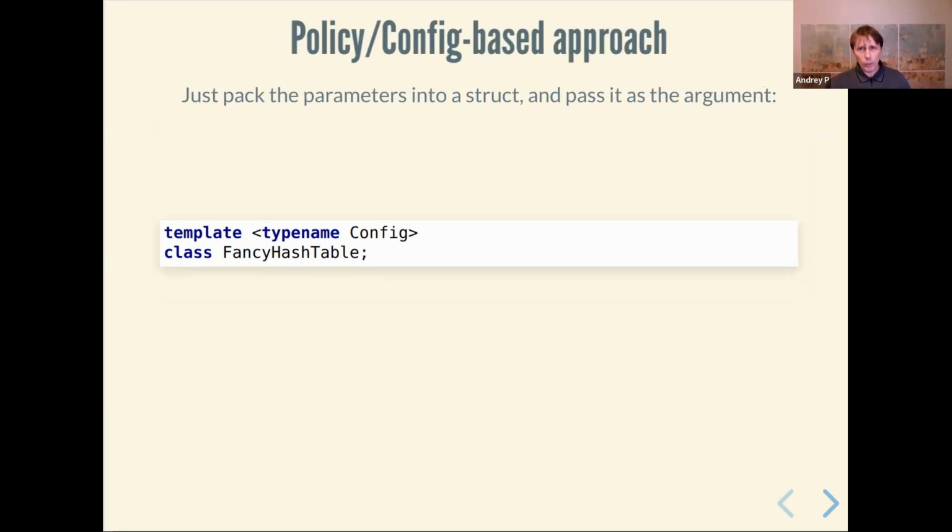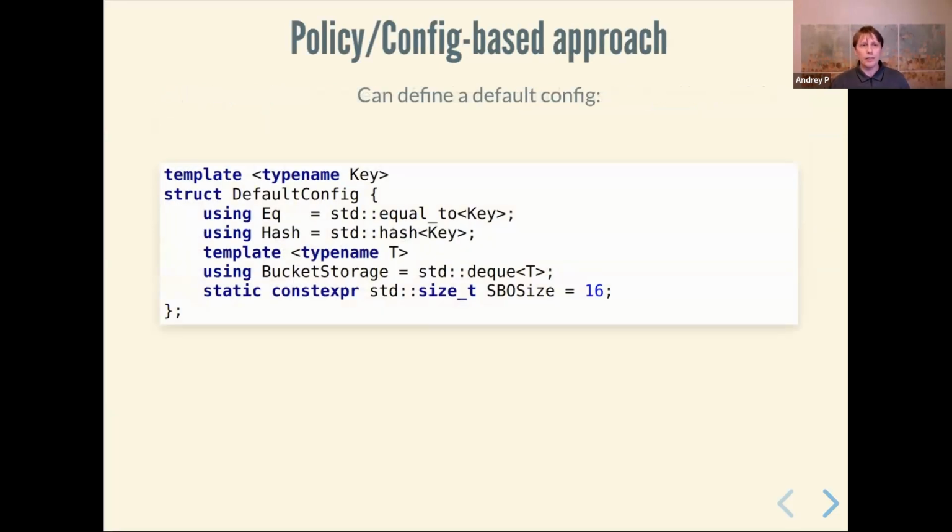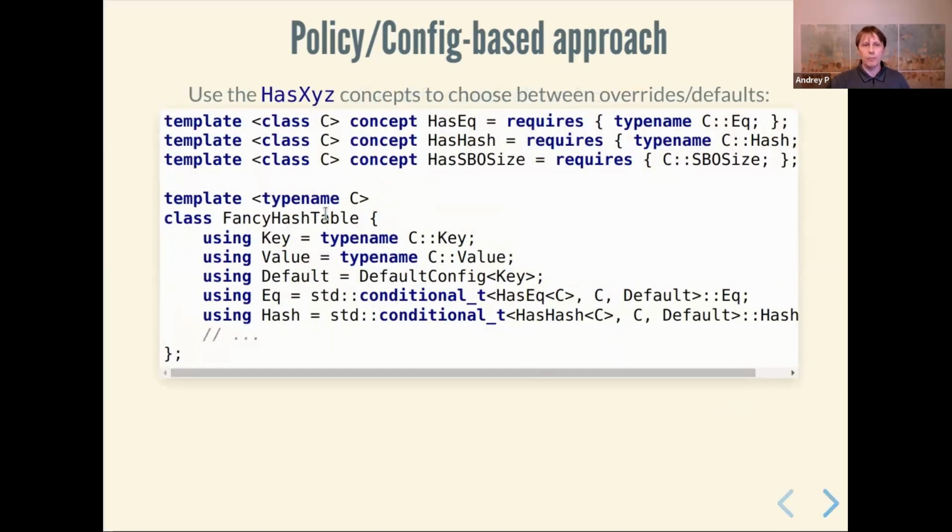And what you can also do is define a default config. You can see here for our hash table, we have the same sort of values, which are coded to the default and SBO size, etc. And then you can use this default and your hash table to query what you've been given, right?